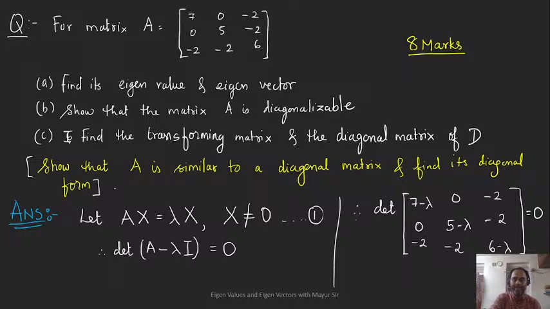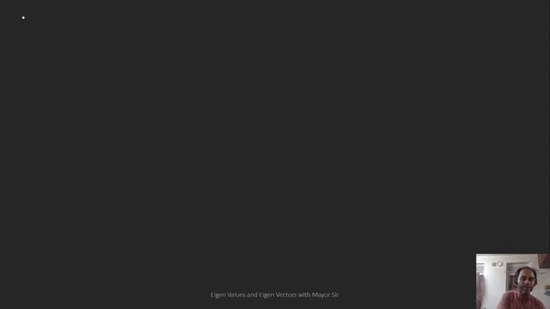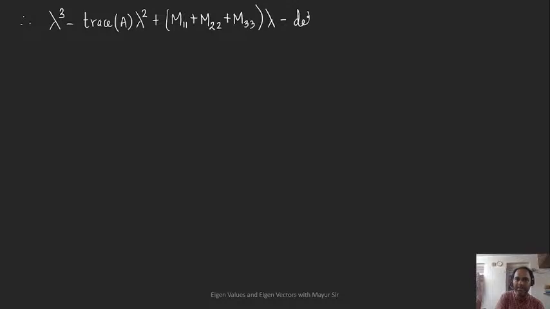Now we are in a position to write the characteristic equation. The formula, which I am now mentioning here, is lambda cube minus trace A lambda square plus (M11 plus M22 plus M33) lambda minus determinant of A equal to 0. This is the most standard formula which I have been giving you.